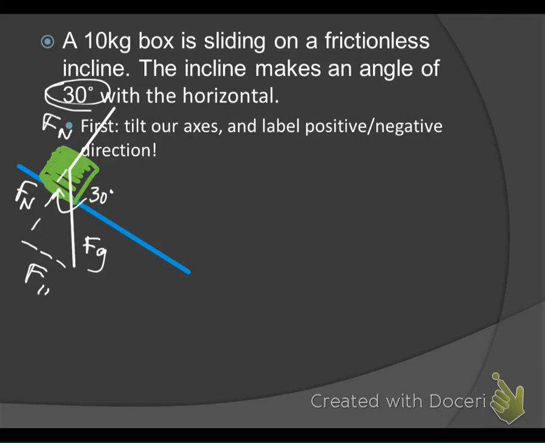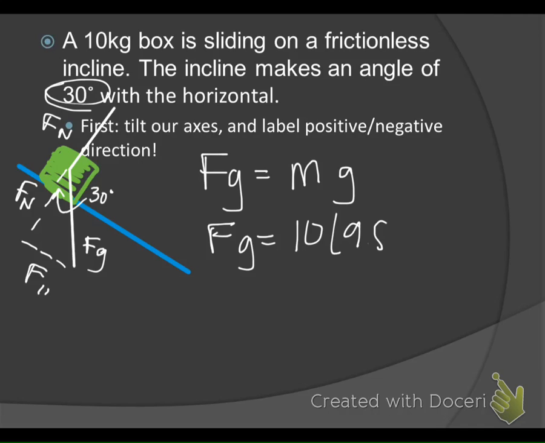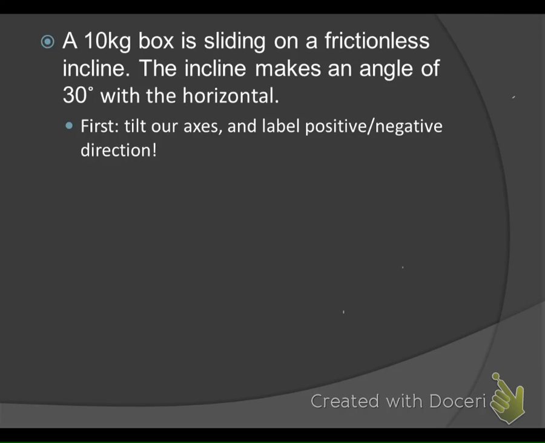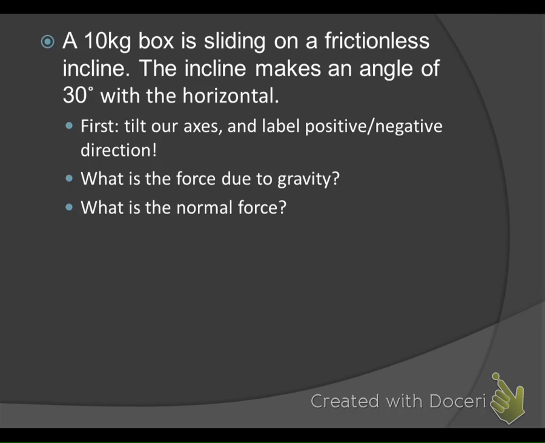Yeah, we're going to find F sub g first. And to find F sub g, we take mass times gravity. 98 newtons. Okay, that's our F sub g. So that will then be our hypotenuse of our triangle. Okay, so we found our force due to gravity.